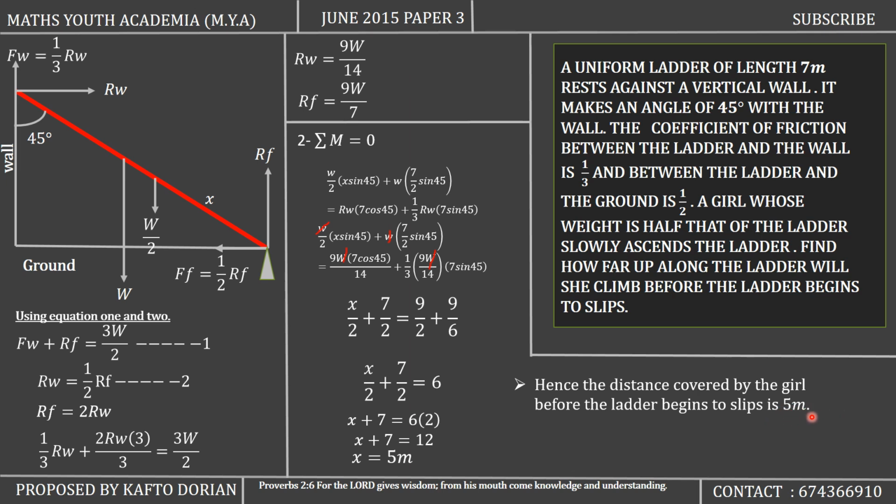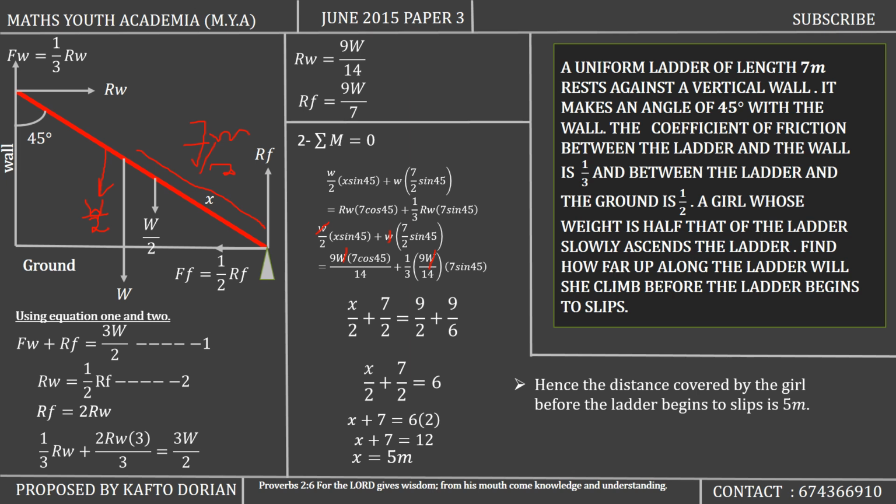Normally the diagram is not very well presented. Normally the weight of the girl must be located here. Why? Because the distance from the weight to the top, where I have my pivot, is 7 on 2 meters, which is 3.5 meters.